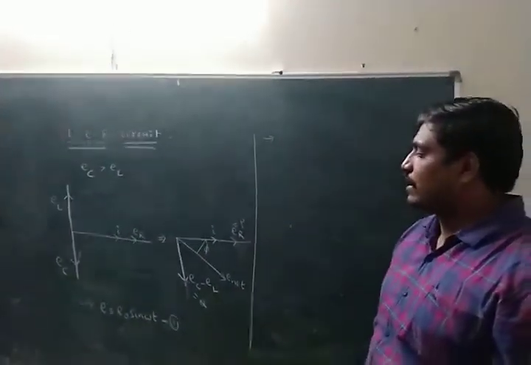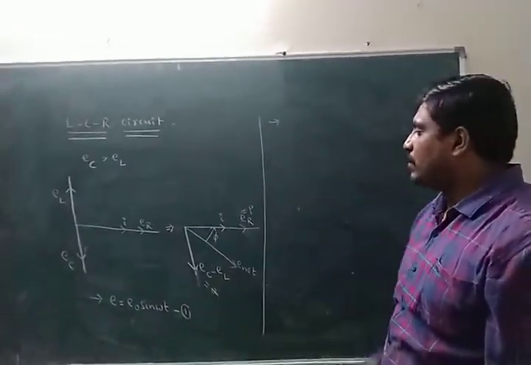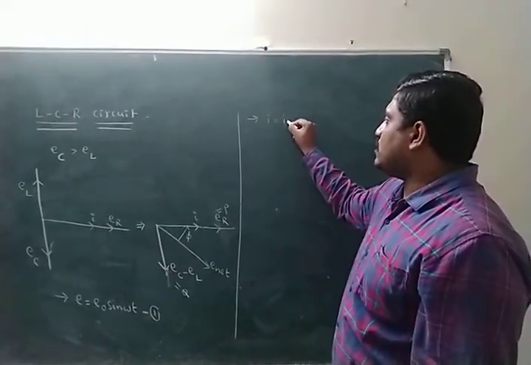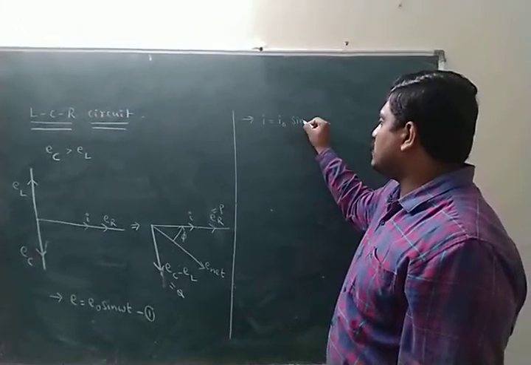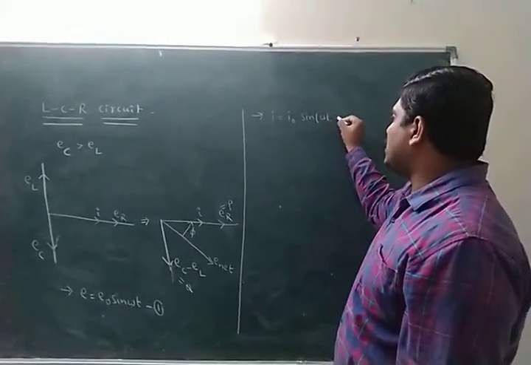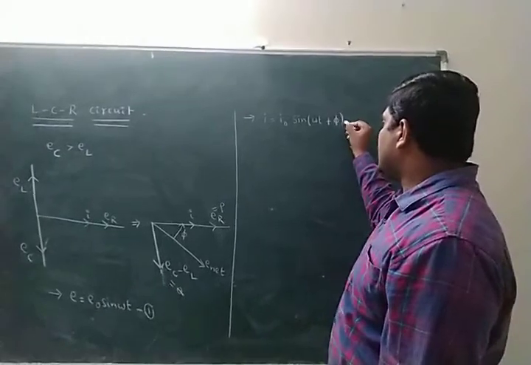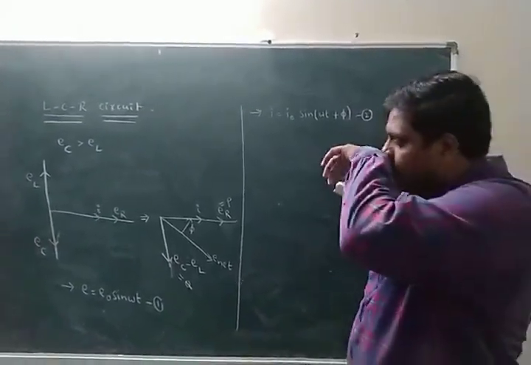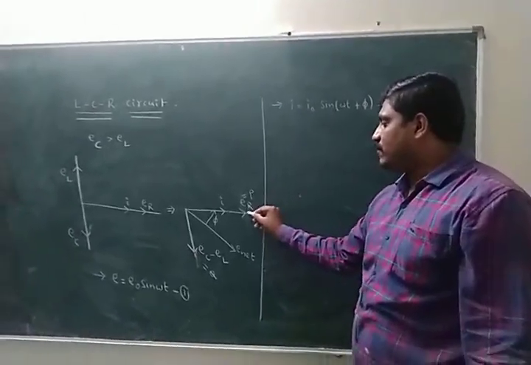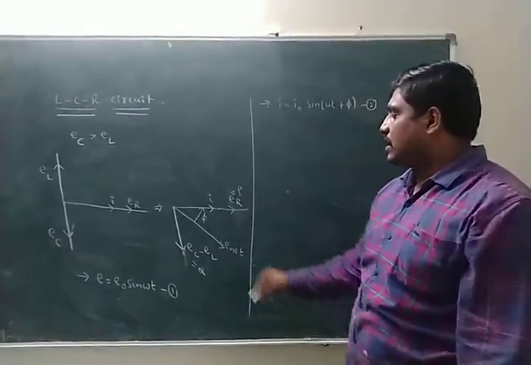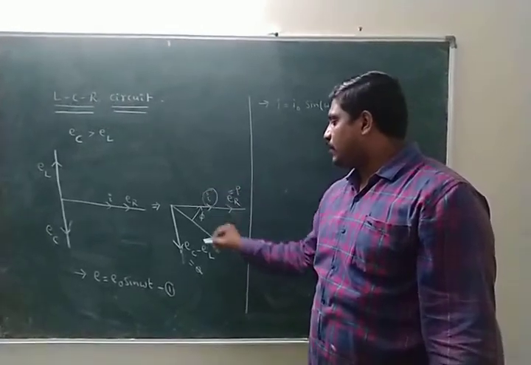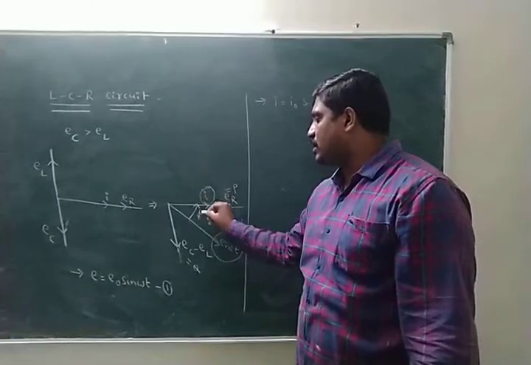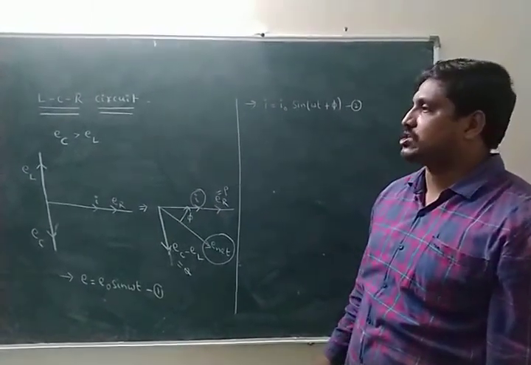Current is ahead compared to EMF. That's why here write the current equation: I equal to I naught sin omega t plus phi. Here phi is ahead compared to EMF. Angle is always measured in the anti-clockwise direction.